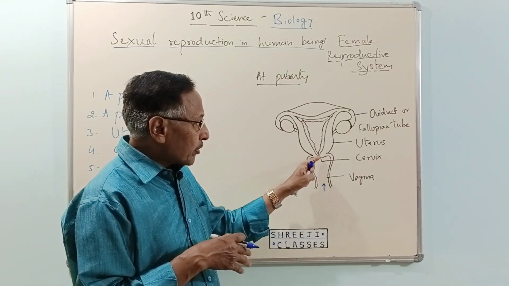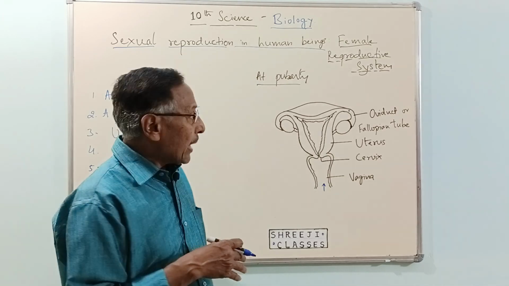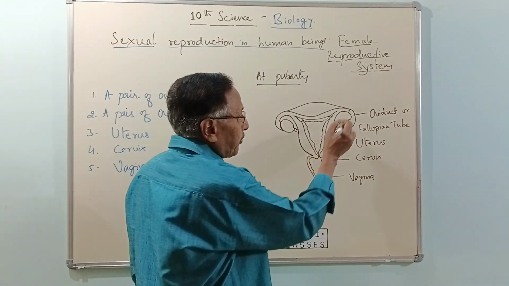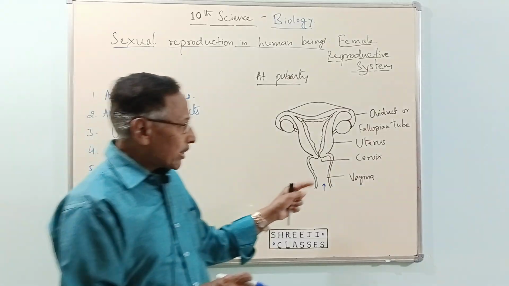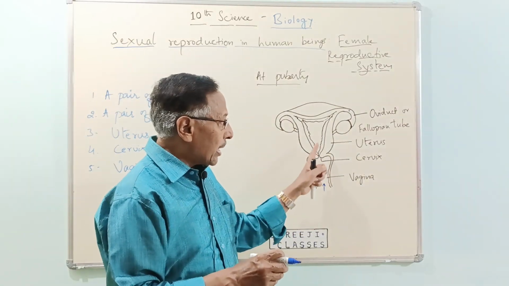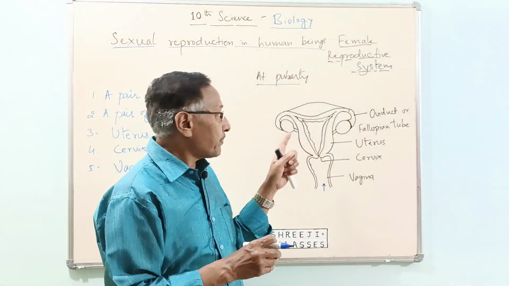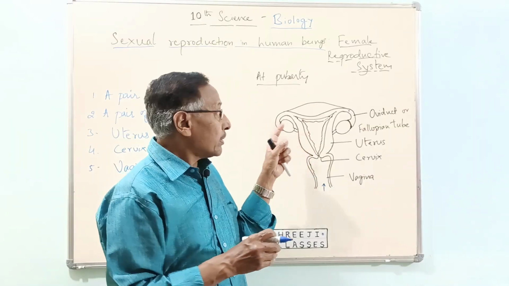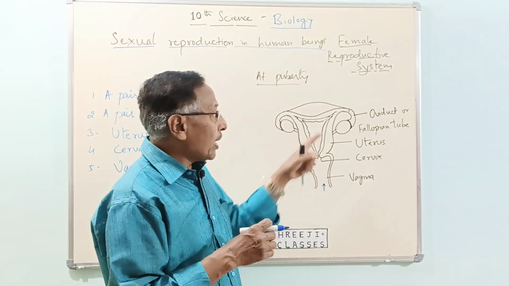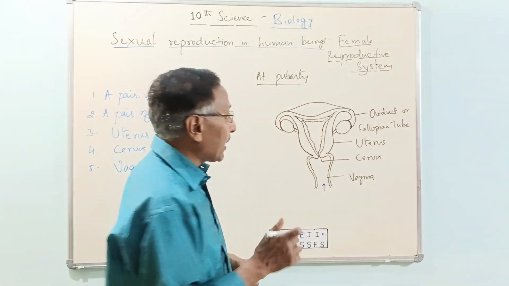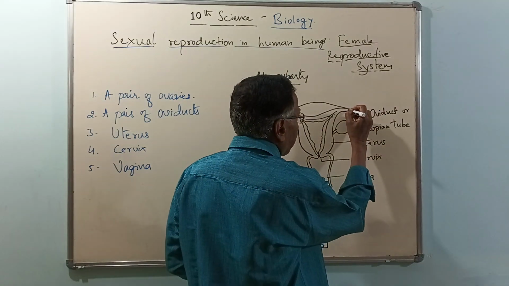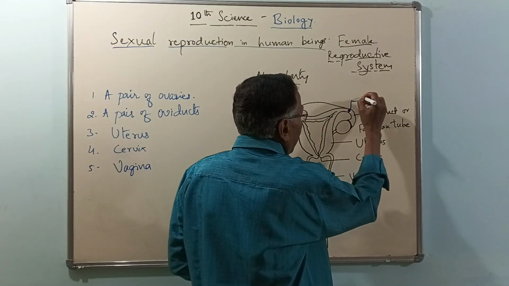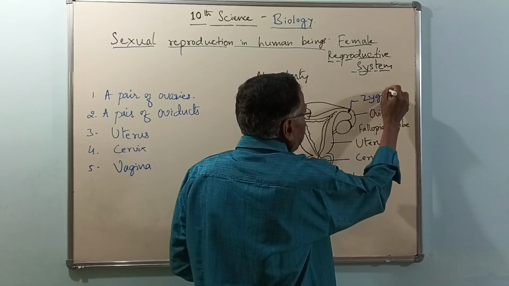These sperms swim across the uterus and one of the sperms becomes successful in fertilizing or fusing with the egg which is present here, and it forms the zygote.